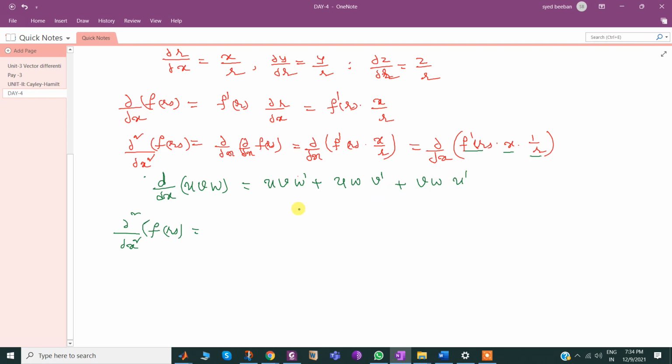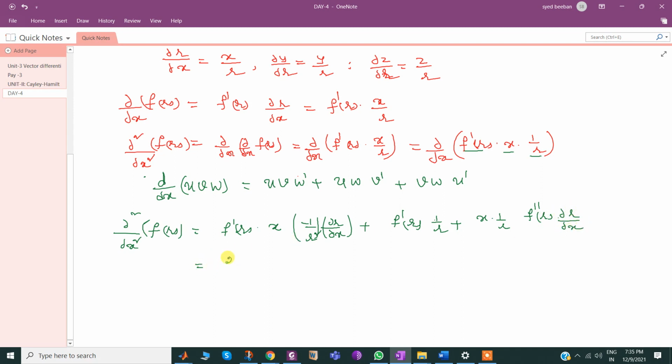Let me write u as this uv: f dash of r times x times minus 1 by r square times dou r by dou x, plus middle differentiation, f dash of r times differentiation of x with respect to x, which will be 1 into 1 by r, plus x times 1 by r times differentiation of f dash of r, which will be f double dash of r times dou r by dou x.